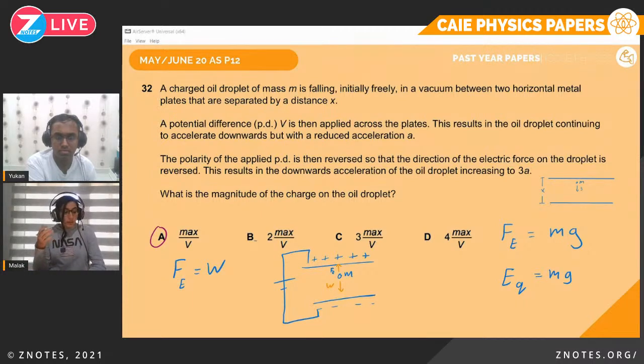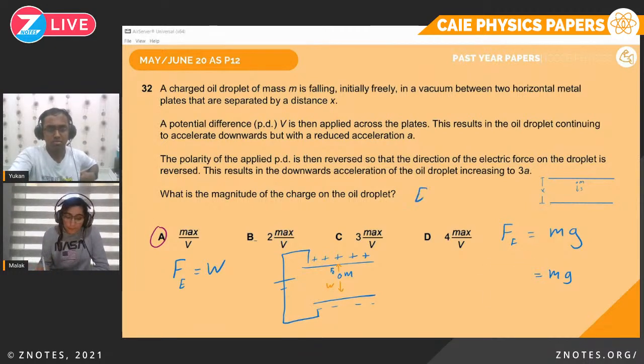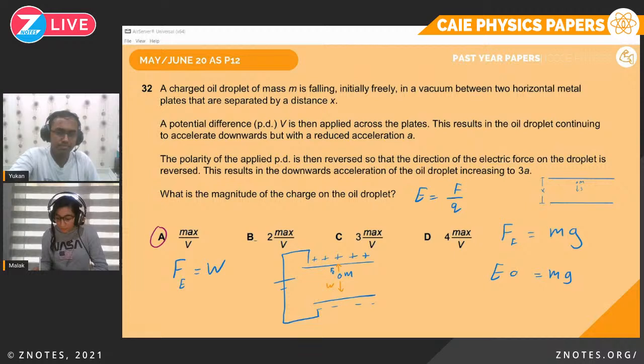Now, for EQ we have two equations. Let me explain this more. We know that E is equal to F over Q, so F is equal to EQ, right? And we also know that E is equal to V over d. Since they called the distance x, we write V over x, times Q, equals mg.